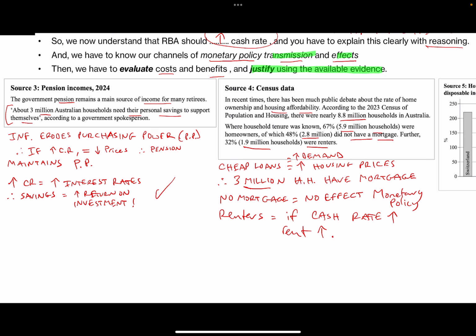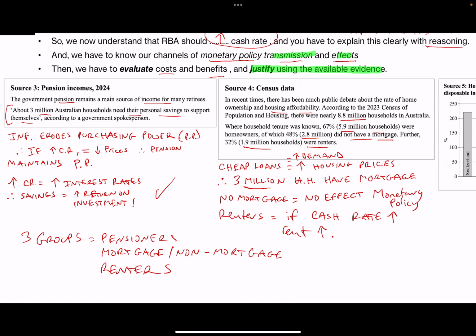So we've really got three household groups we're looking at here in society: pensioners, mortgage holders, non-mortgage homeowners, and renters.